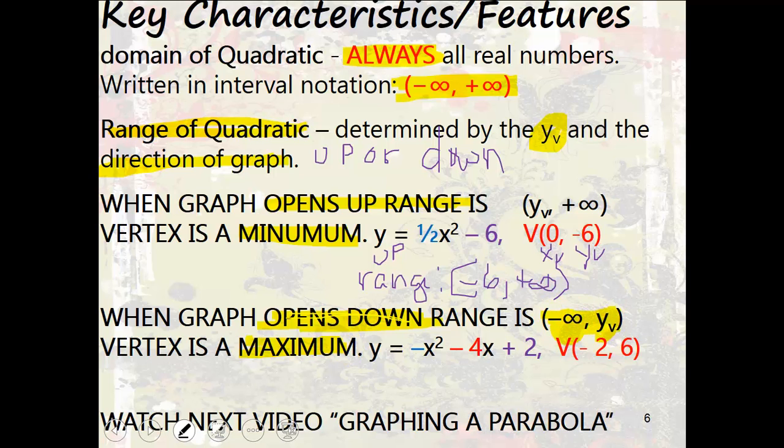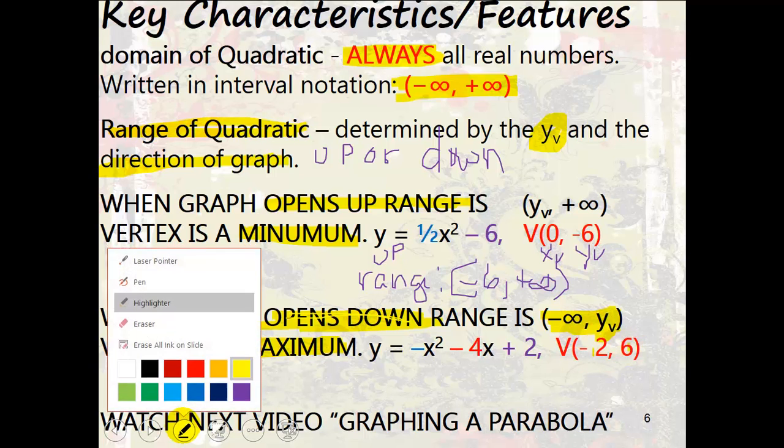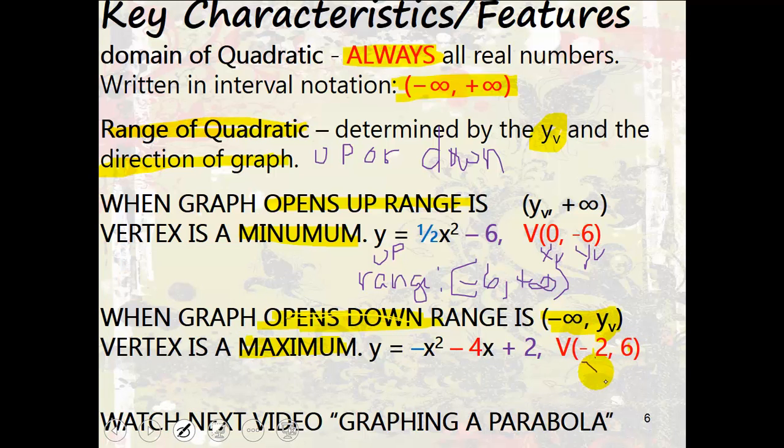Right, so let's try this one. We figured our vertex was negative 2, 6. So here is the x-coordinate of my vertex. Here's the y-coordinate of my vertex. This is a maximum, so it's opening down. So that means I have to go negative infinity to 6 and include 6.